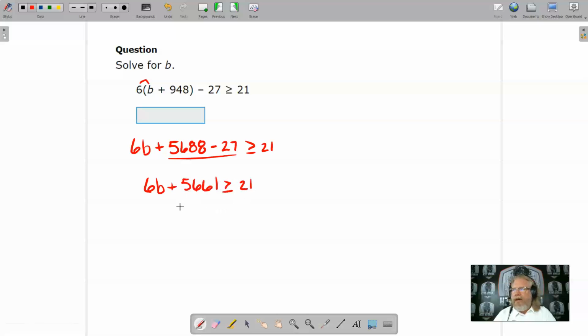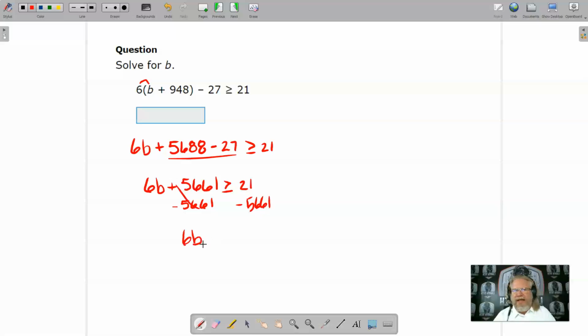Now let's go ahead and subtract, or add a negative 5,661, and what we do to one side we do to the other. Those will cancel each other, and we'll have 6b over here.